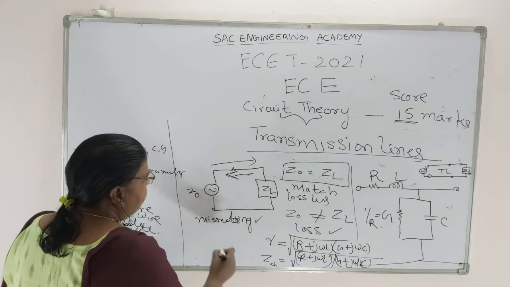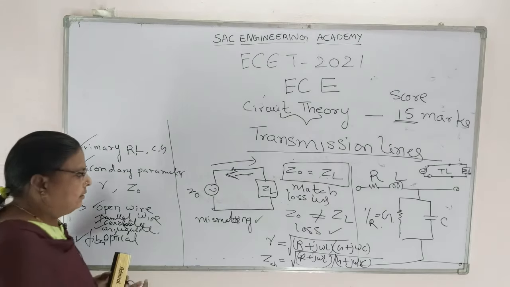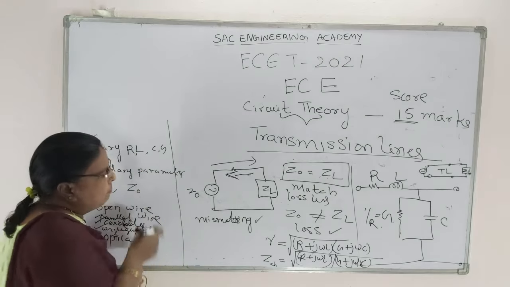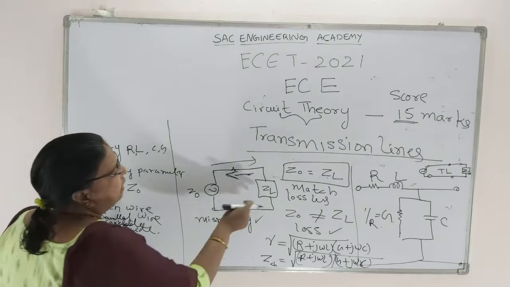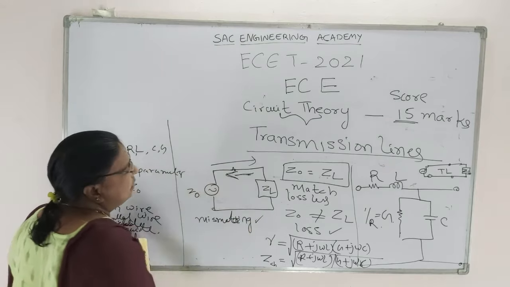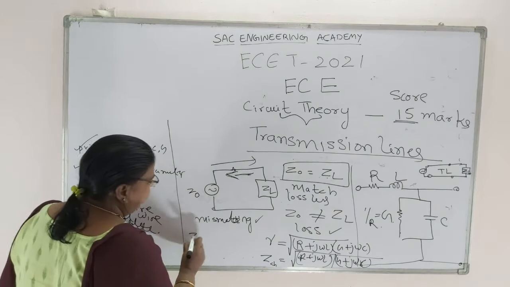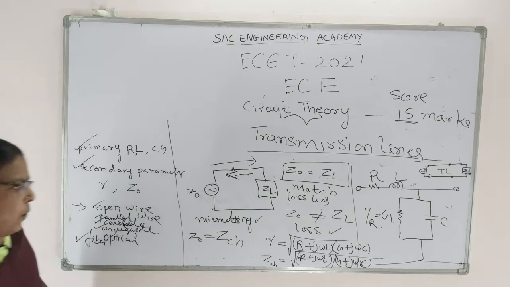Now suppose the transmission line is of infinite length. What is the input impedance of the infinite transmission line? The input impedance is equal to the characteristic impedance of the transmission line.